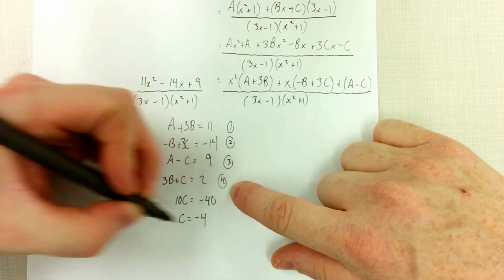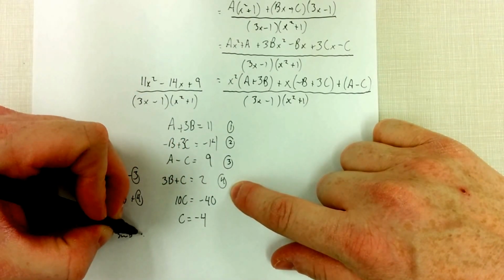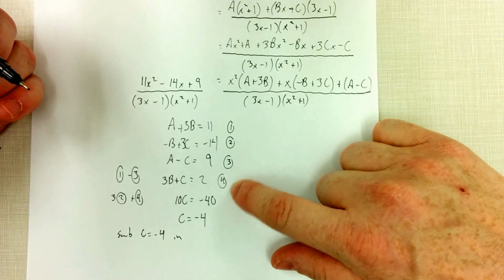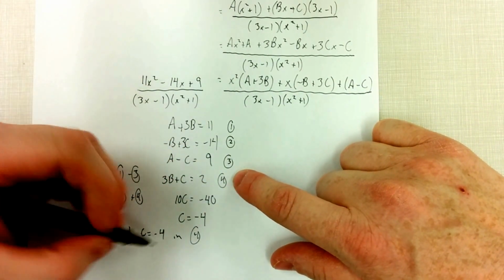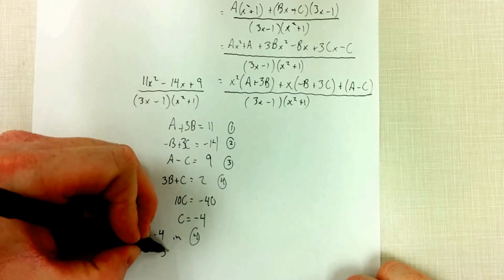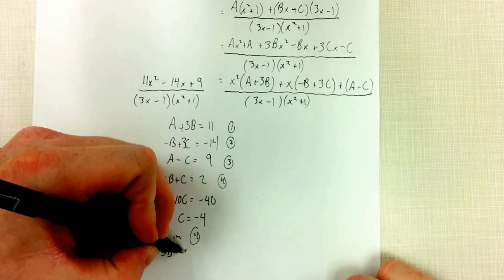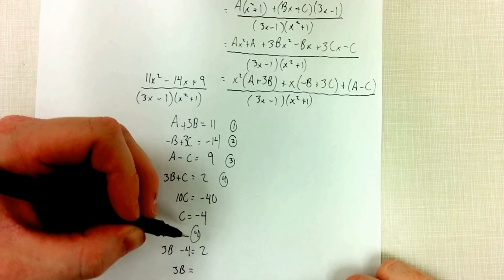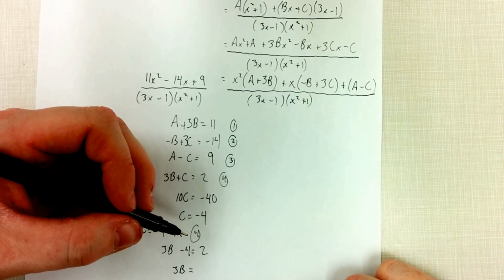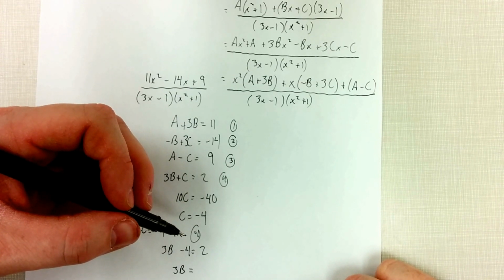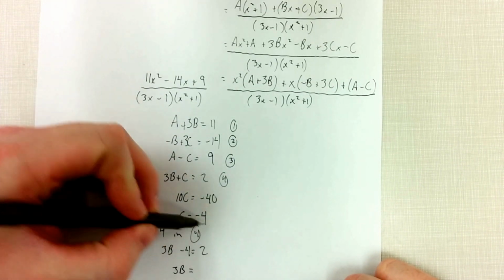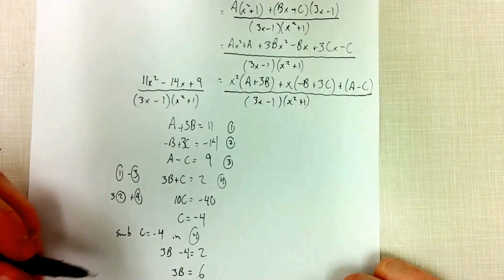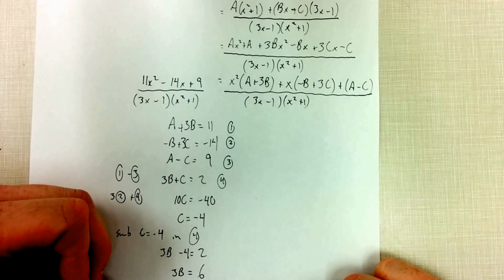C equals minus 4. Sub C equals minus 4 into equation 4. And I'll get 3B minus 4 equals 2. So 3B equals 6, B equals 2, and then I'll sub both of those.